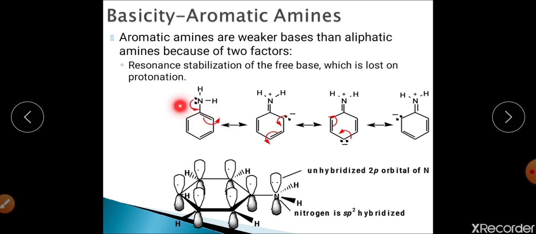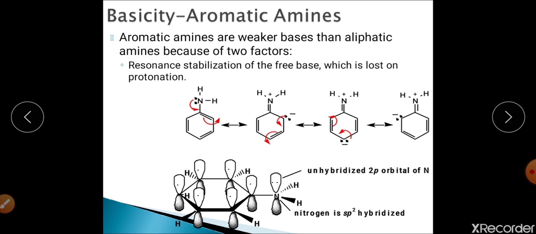Because of the delocalization of this electron pair, this lone pair is no longer available for bonding, right? So this is the reason why aromatic amines are less basic in comparison to aliphatic amines.